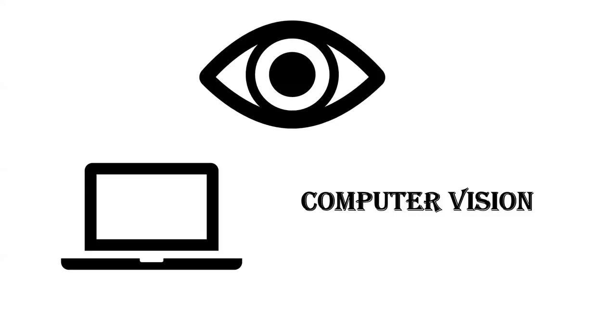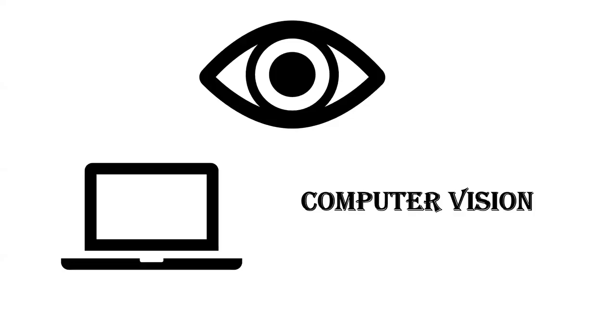Using that camera, we can pass the visuals to our machines. It could be live streaming or stored recordings. In any way, we can give the visual to the machine, and then the machine is going to understand what it is, which image it is, what it represents.